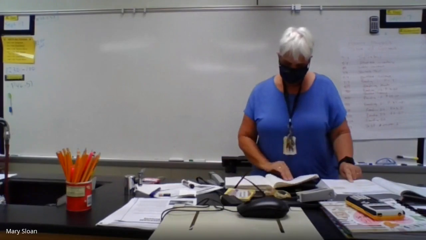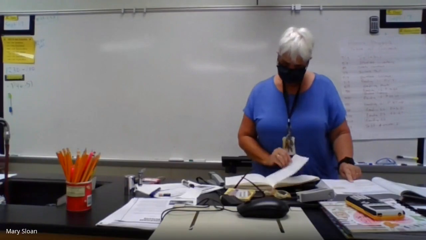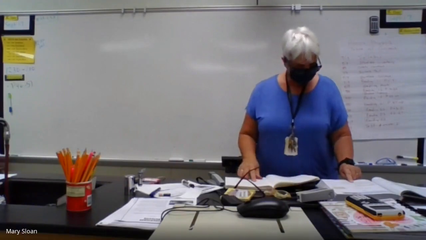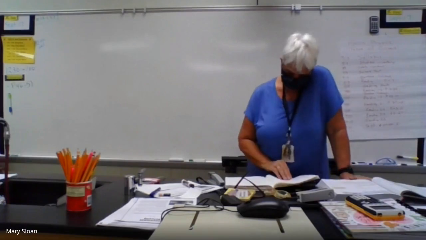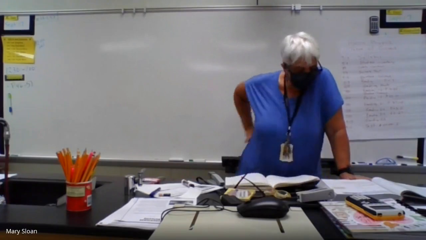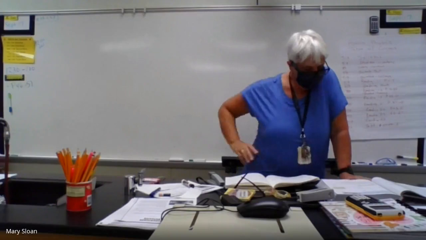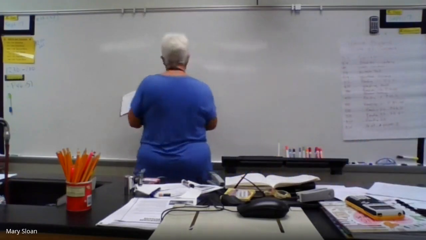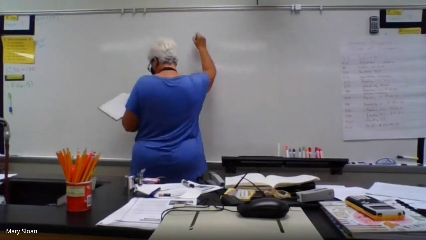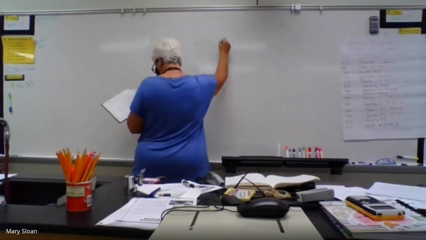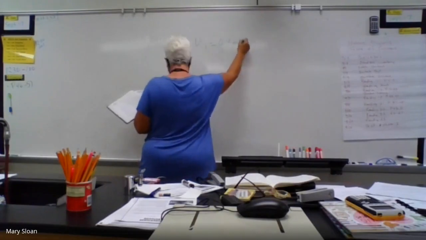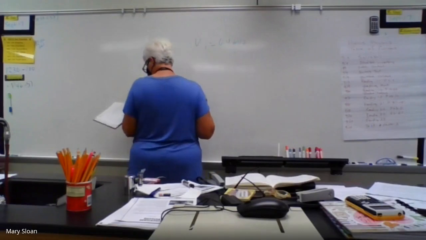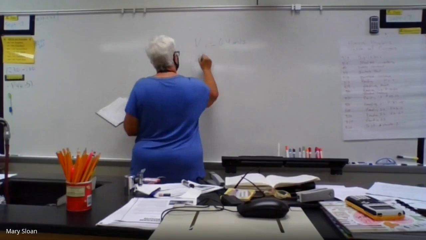So what is the first thing that we would do, Bailey? You would figure out what each of your things are. Velocity initial is 6.4 meters per second. The change in position is 3.2 kilometers.